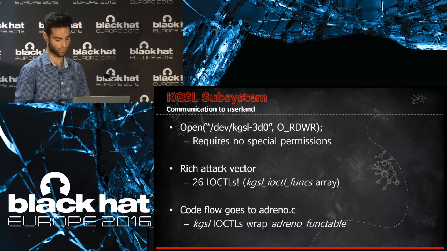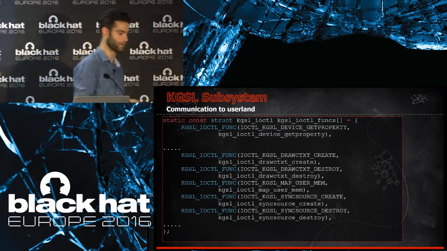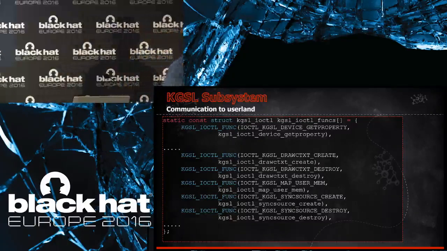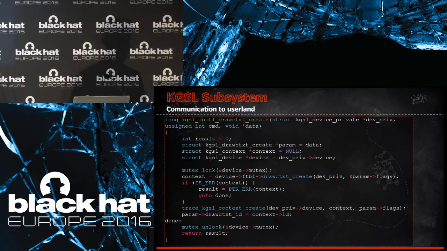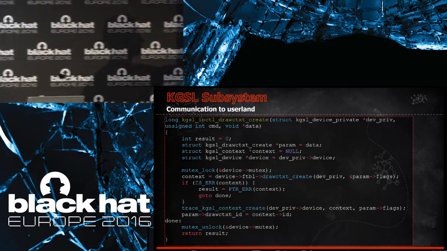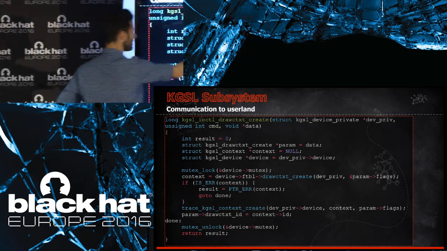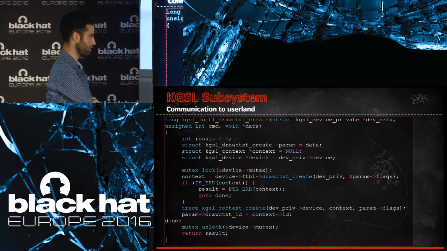So let's see how it looks. This is just a part of the table I took from the ioctls table. I showed it for brevity, but you can see that it's very simple to find the appropriate function from the ioctl. Let's take, for example, draw ctx create, which creates a new context in the system. We see that this function receives a command and data. Data is completely controllable by the user.